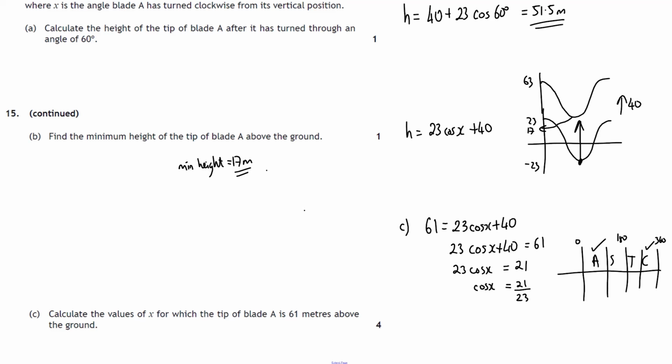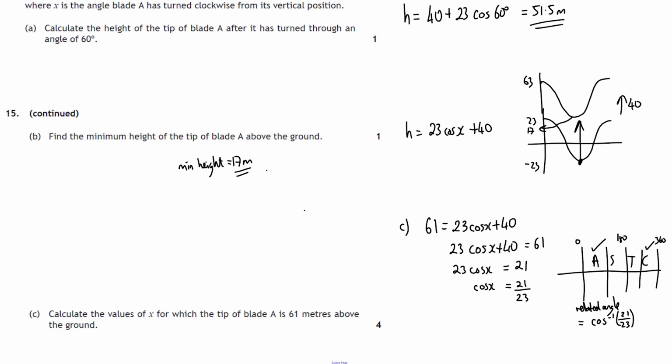So what we want to do is use this to get our two answers. Now we're going to get our related angle from this expression here. So the related angle is going to be inverse cos of 21 over 23.